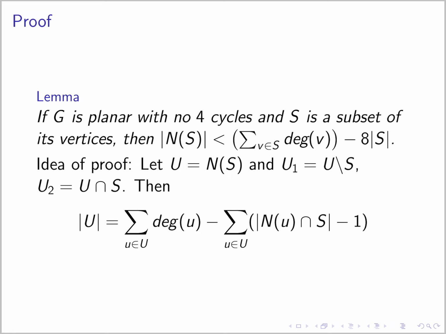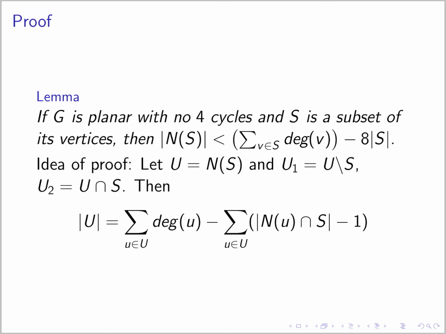The proof of this is done by observing that the size of N of S, which I denoted by U, is equal to the sum of degrees of the vertices in U minus this number in the sigma. This means that some of the vertices are counted many times and we have to remove this multiple counting.